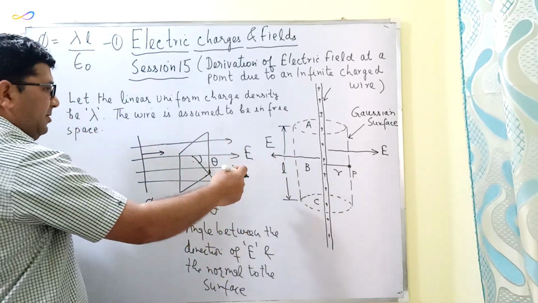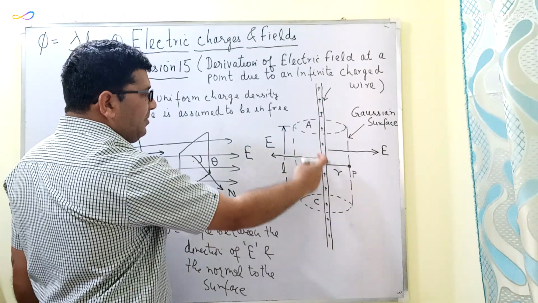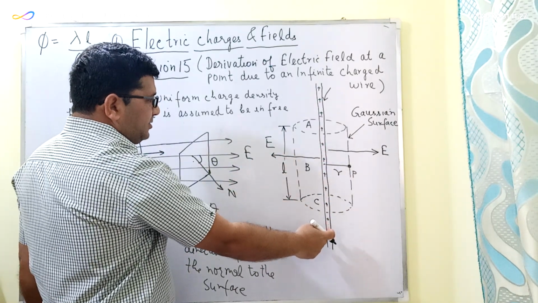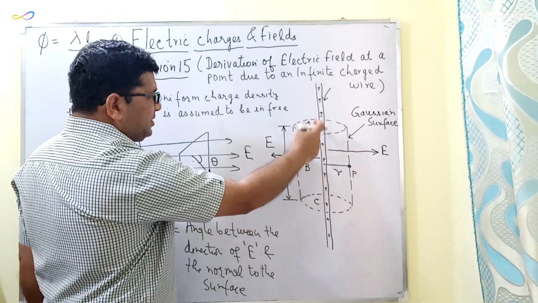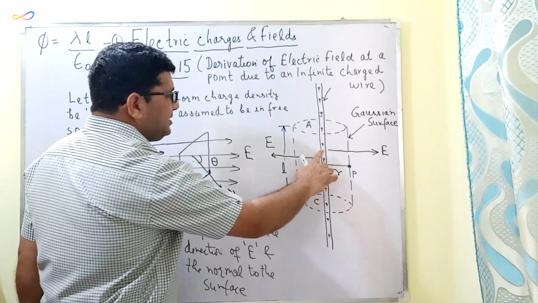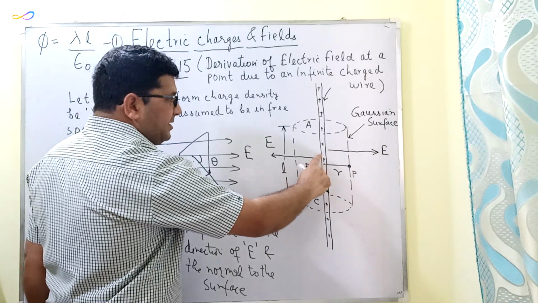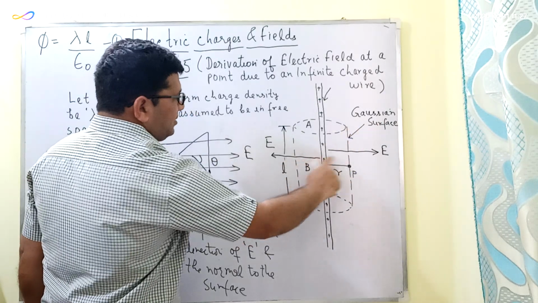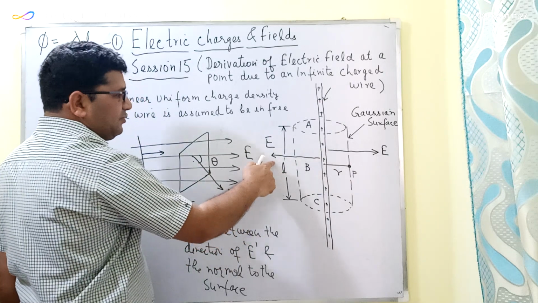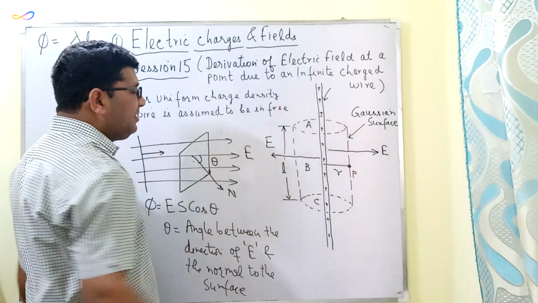So here you can see that this is a uniformly charged thin wire, and this is a positively charged wire. So the direction of this electric field will be directed radially outward. I have already drawn the direction of this electric field because of this positively charged thin wire.